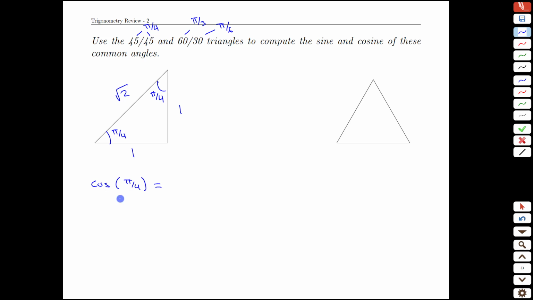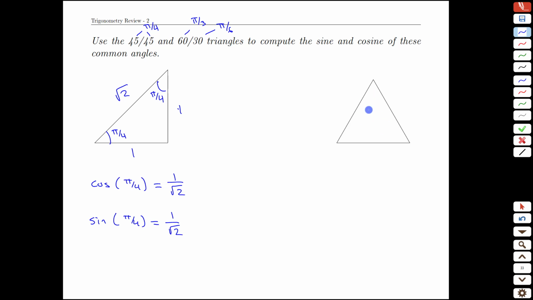In fact, I don't actually remember these rules. I just draw the triangle and then do the calculations as needed for the trig functions we're working with. If we are asked for the cos of pi over 4, that's adjacent over hypotenuse. And if we're asked for sine of pi over 4, that is opposite over hypotenuse, which turns out to be the same thing for the 45-45 triangle.